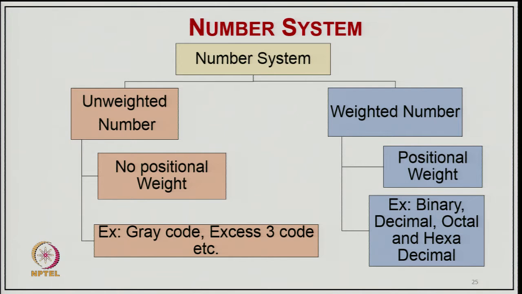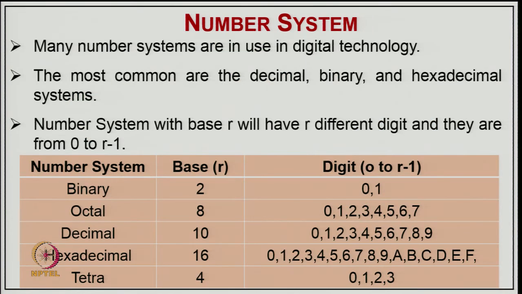Weighted numbers are binary, decimal, octal and hexadecimal, where the location of the digit decides its weight. Many number systems are in use in digital technology, and the most common are decimal, binary and hexadecimal. A number system with base r will have r different digits, from 0 to r minus 1. A typical example is binary, where the base is 2.